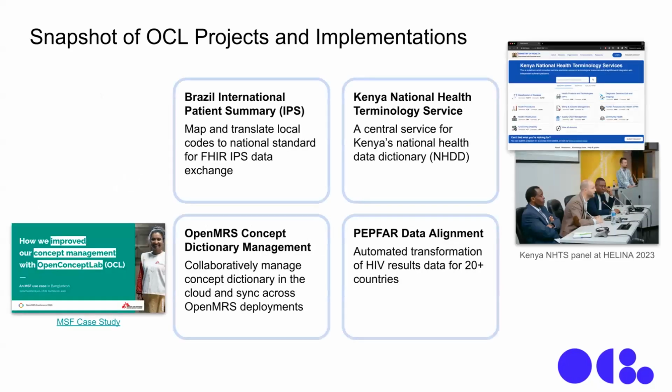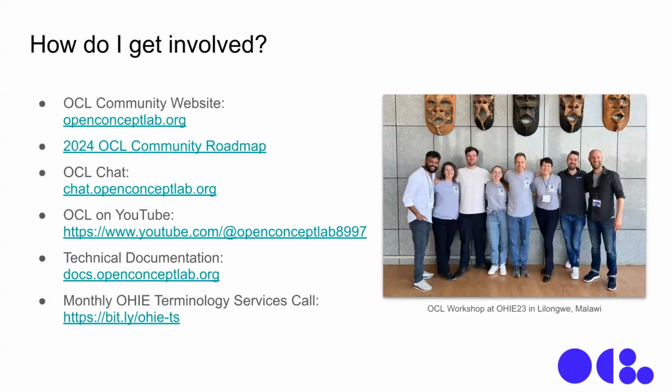We've already talked through some of the key examples, so won't go into these again. Like I said, this is an open source community of practice. Please visit the website. You can take a look at our roadmap to see where development is headed. There are online chat forums, and our YouTube channel has videos to get you started.